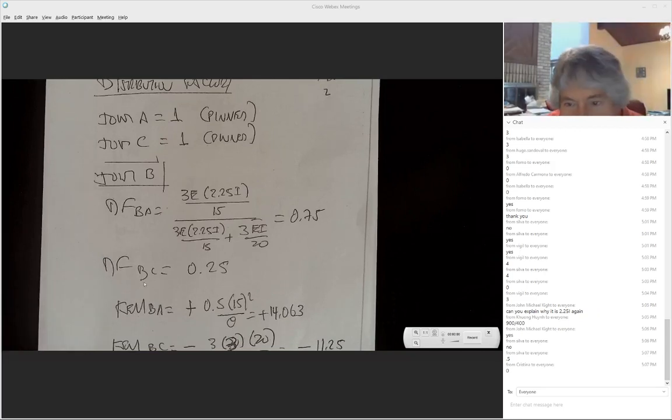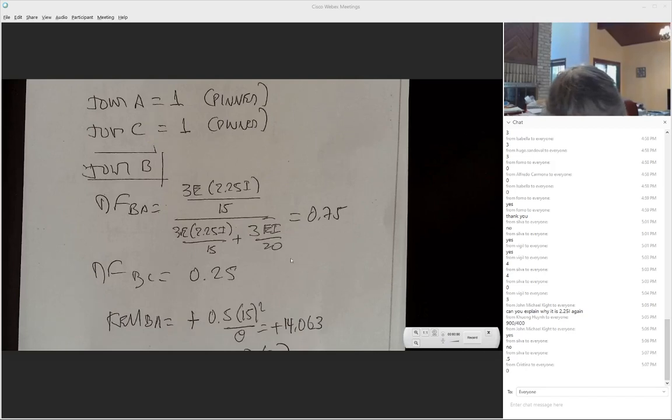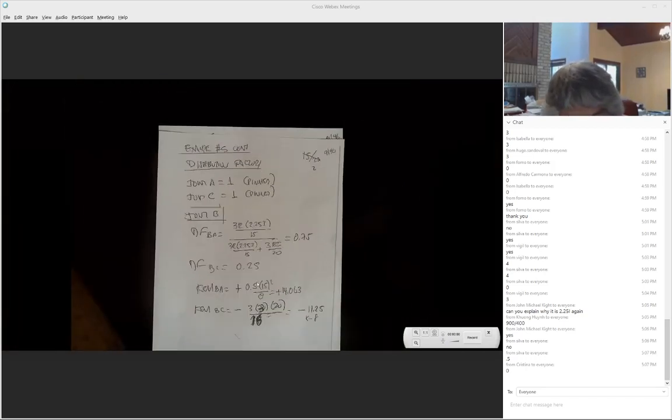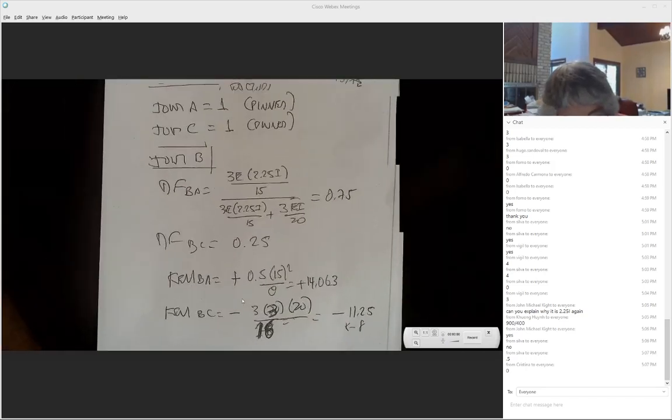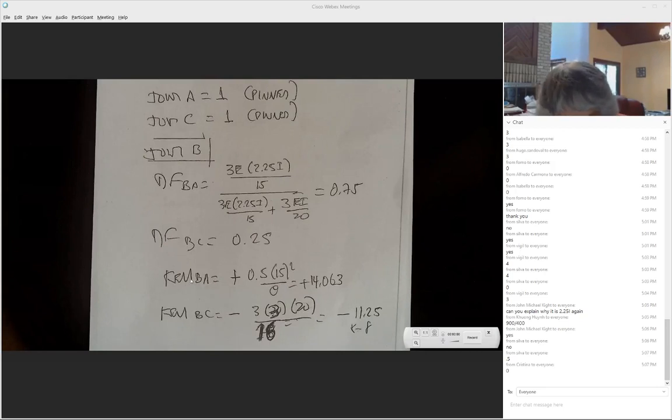I just want to point out that the distribution factors don't have to be the same. It happened that for a couple of examples, they were 0.5 and 0.5. But look, 0.75, 0.25. The fixed end moment, as I was telling you, from B to A is WL squared over 8, positive. From B to C, 3PL over 16, negative.